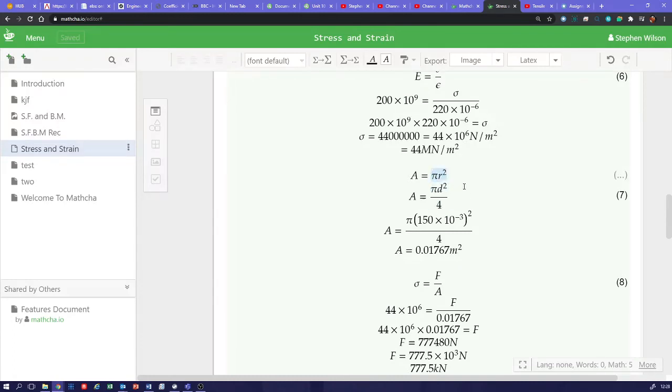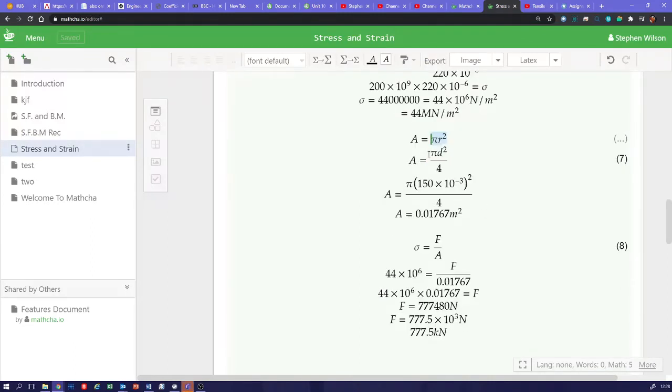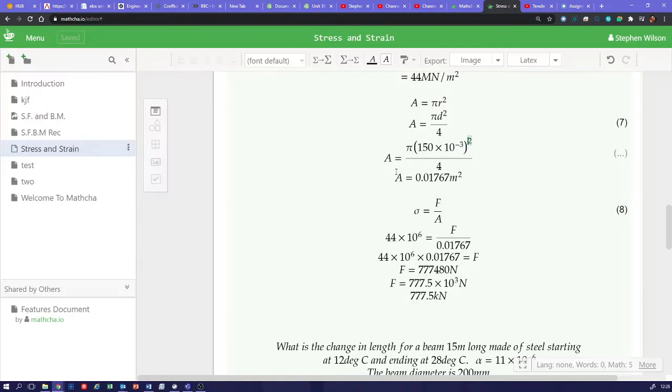If something's given to me as a radius, I'll use this, because I have before, and probably will again, put a radius in the equation where I should put a diameter, or a diameter where I should put a radius. So, as we've been given a diameter, I'm going to use this equation. Okay, so there we are, pi d squared over 4, and there's our answer. Always make sure you do the square. I often forget to do that as well. Okay, so now we've got our area.